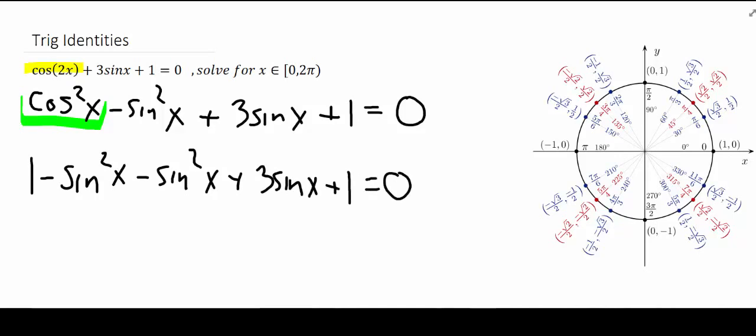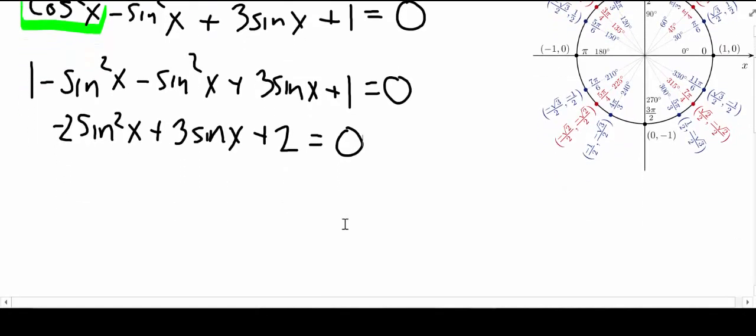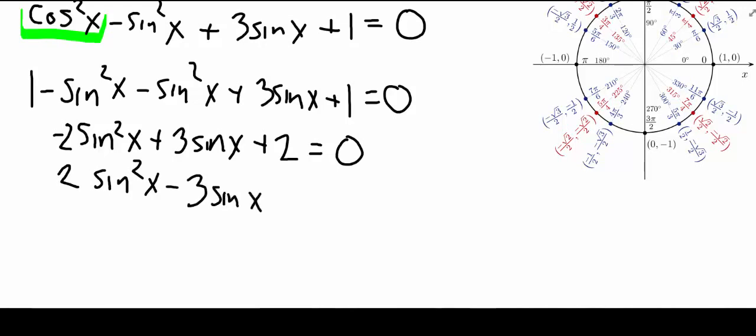Now if I group all these things together, I have negative 2 sine squared x plus 3 sine x plus 2 equals 0. Now I'm going to reverse all of the signs so that I lead with a positive coefficient. So I have 2 sine squared x minus 3 sine x minus 2 equals 0.